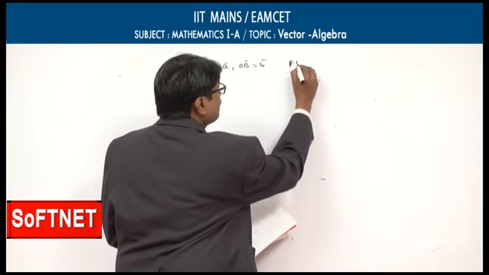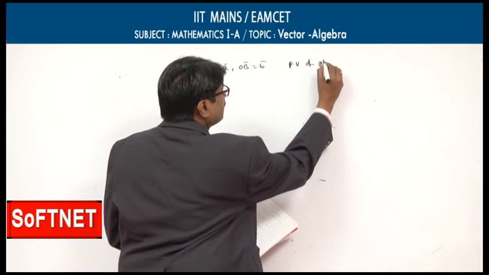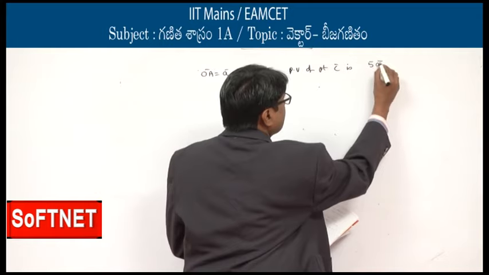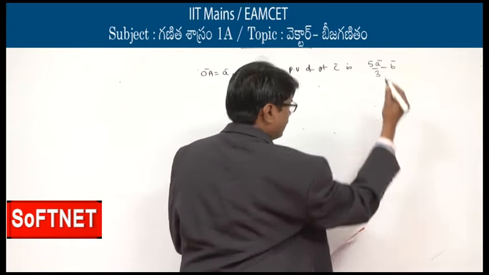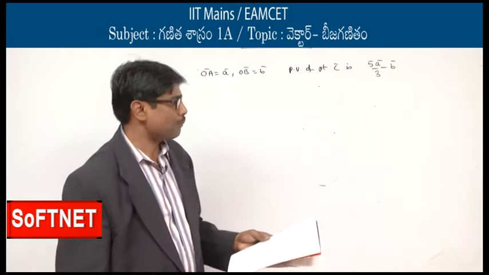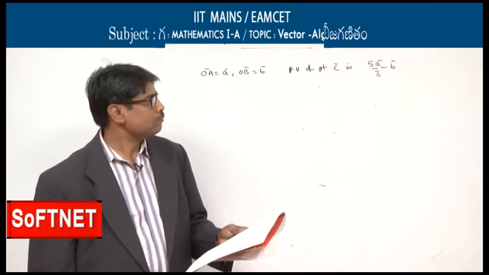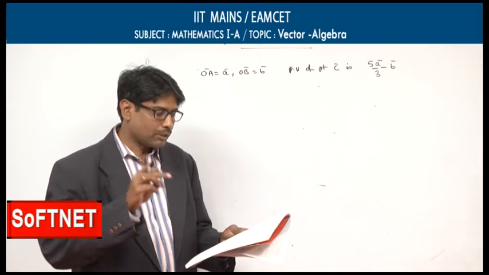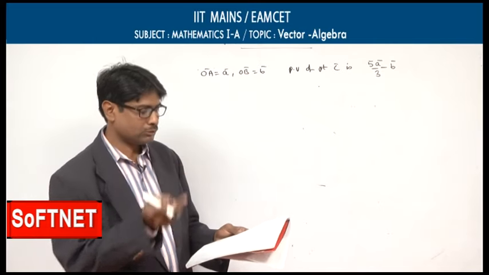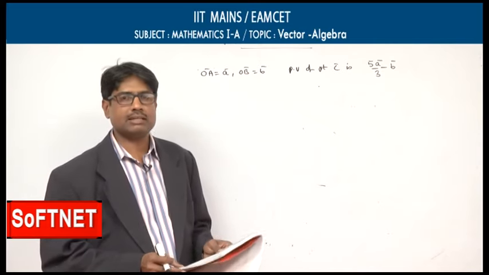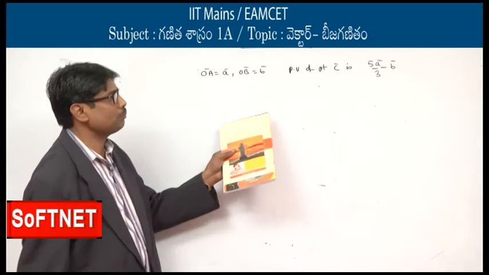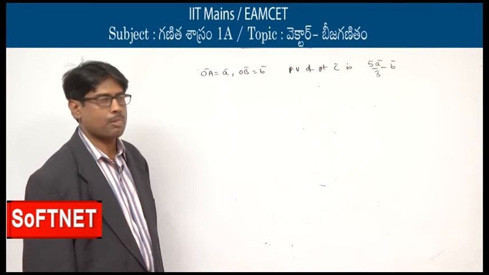Position vector of point C is 5 times A bar divided by 3 minus B bar. Then what will be the location of C with respect to the triangle AOB and with respect to the angle AOB? Good point and good problem based on the vectors.